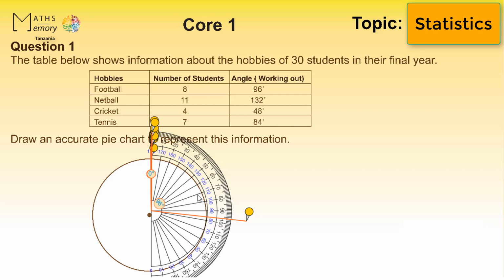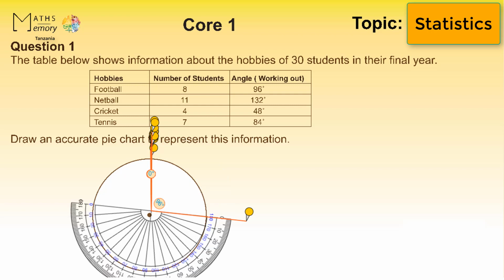Very simple. Now let's move the protractor and start from where we ended up. This line, which is just drawn on the pie chart, is now going to serve as the starting point of netball. So let's position the protractor over here and go all the way 132 degrees, so that we have this whole sector representing netball, and you can write netball on your paper.